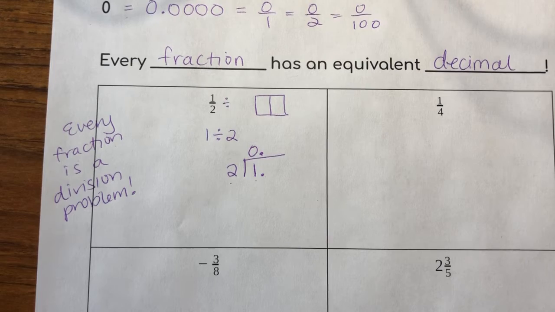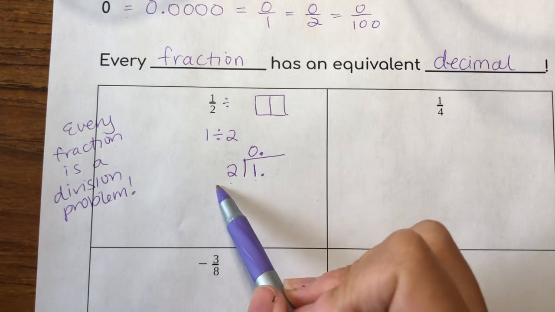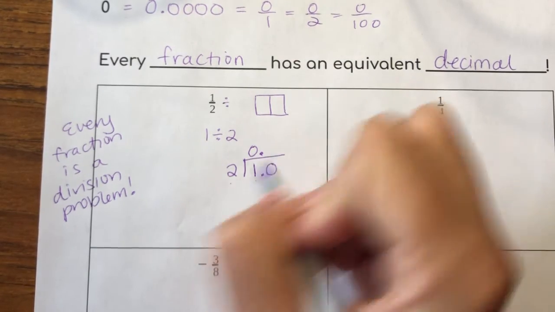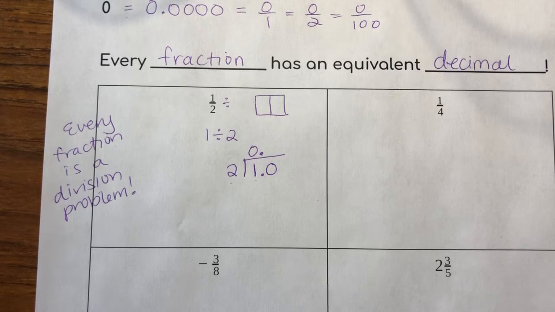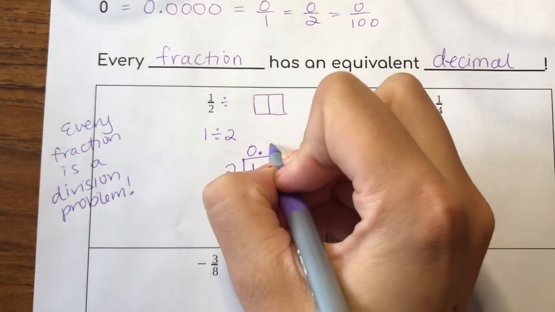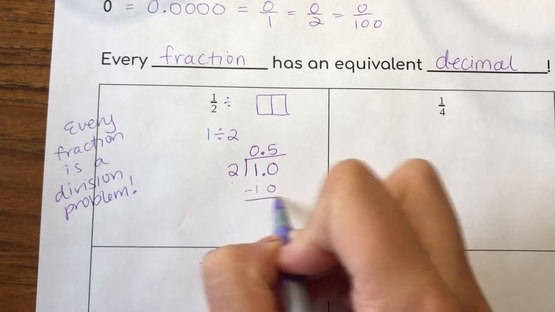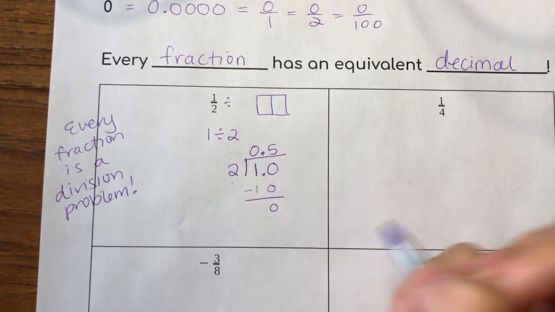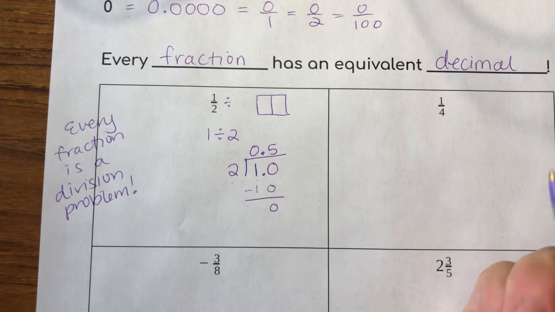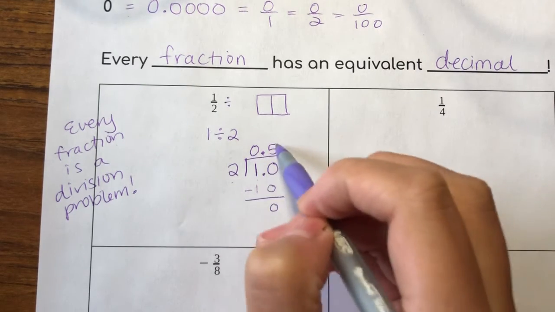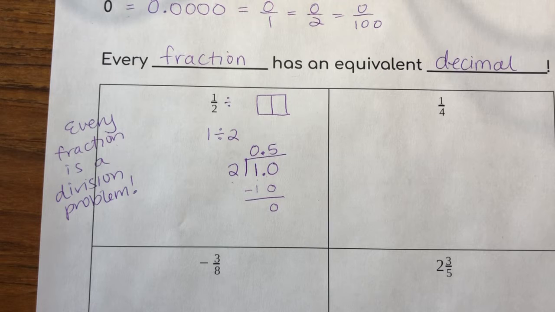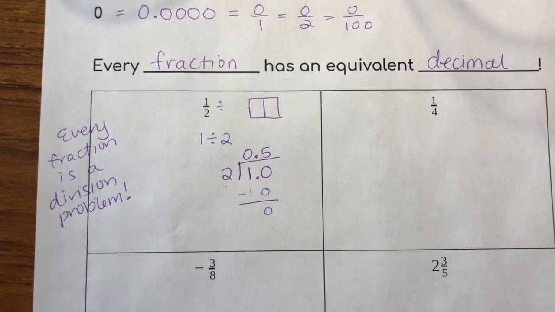Okay, and then I ask myself, 2 goes into 10 how many times? Oh, 2 goes into 10 5 times. And then 2 times 5 is 10, and it divides evenly. So that means that 0.5 is my decimal form of a half.